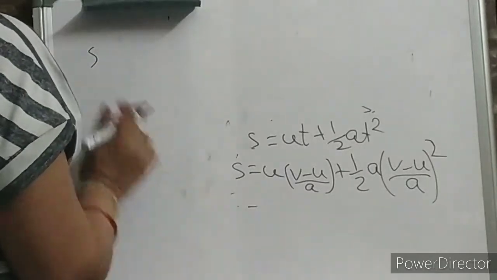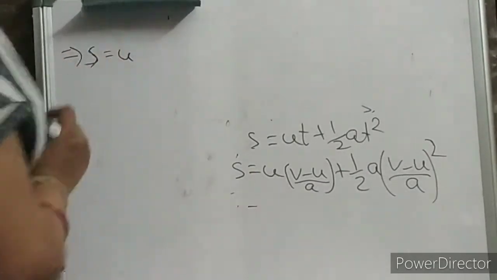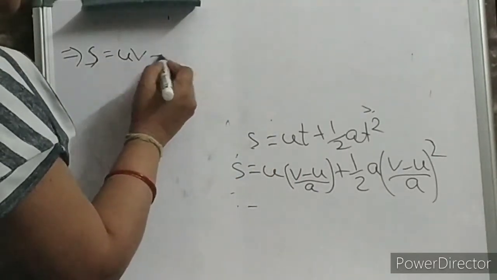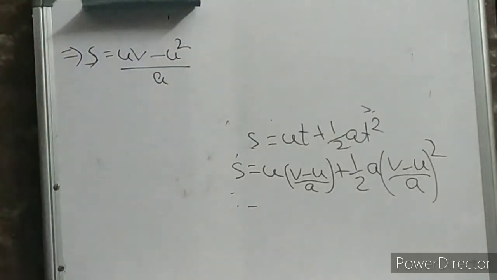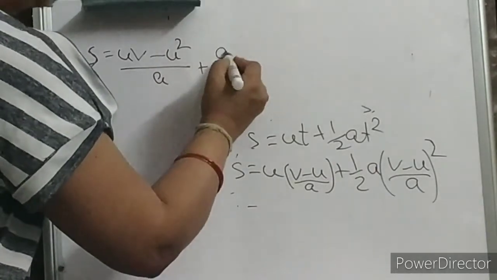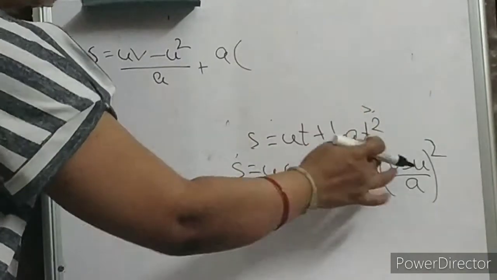S is equal to U into V minus U by A, plus A. Now open the bracket.